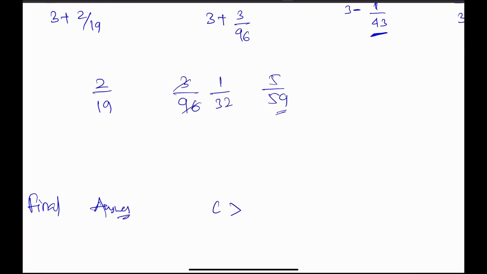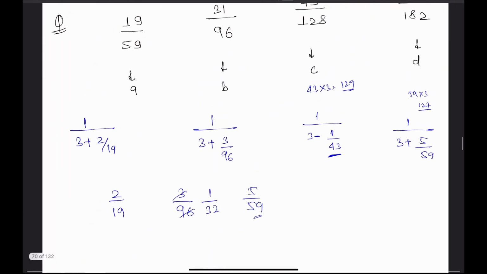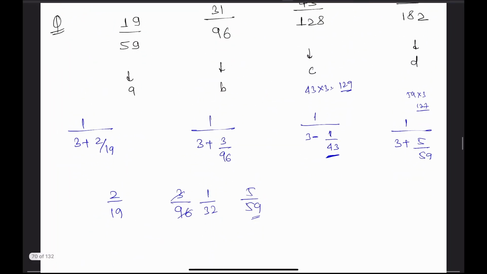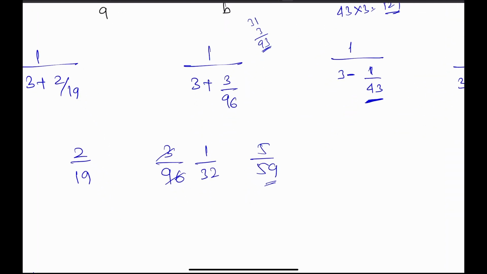So again we need to find out this value. Wait, have I made a mistake anywhere? 31 by 96. Okay, 31 into 3 is 93. So 3 by, why have I written 96 over here? It should be 31.